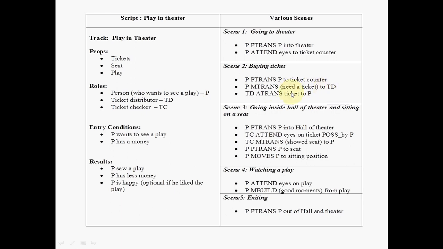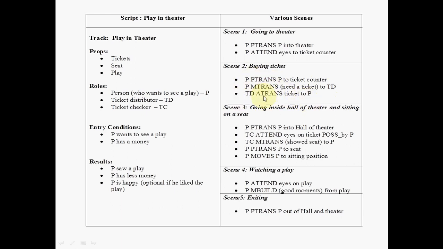And then the ticket distributor A trans, abstract transfer, gives the ticket to P. So he goes to the ticket counter, tells the TD that he needs a ticket, and then TD gives the ticket to P.